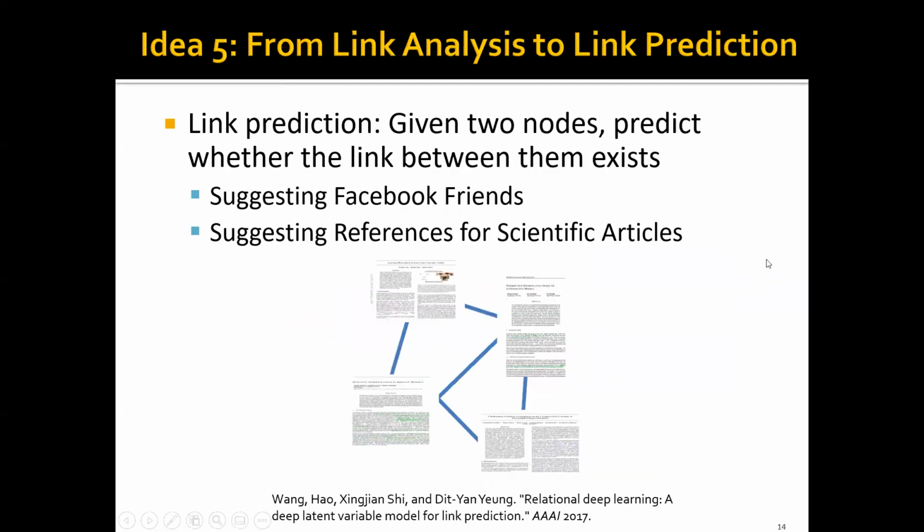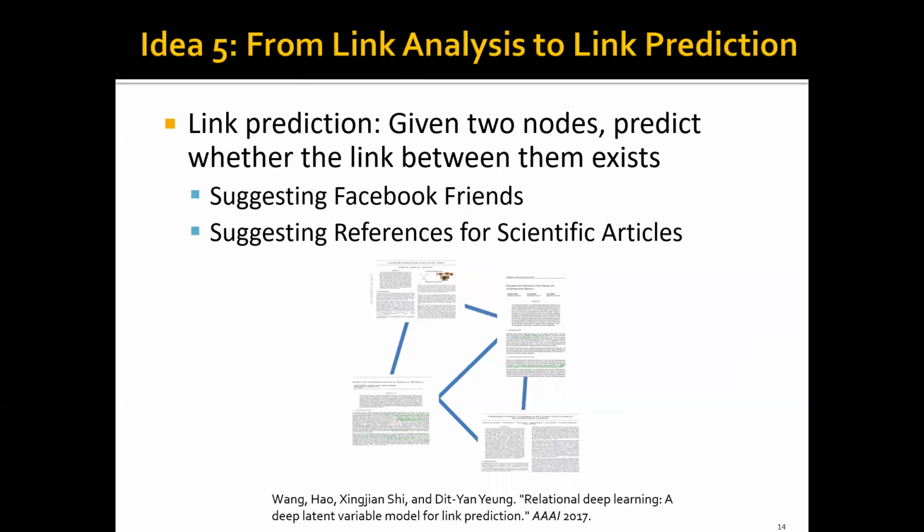And the fifth general idea is to go from link analysis to link prediction. Remember, in one of the lectures, we talked about how to perform link analysis, basically how to determine the popularity or importance of each node in a web using the hyperlinks among these nodes.